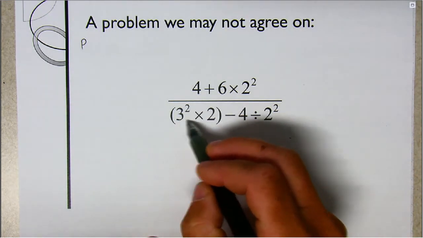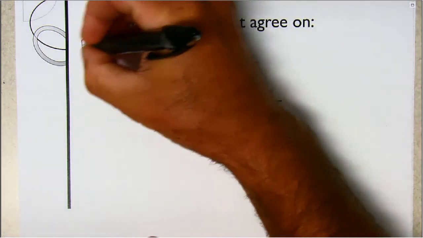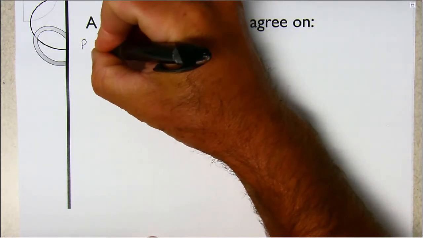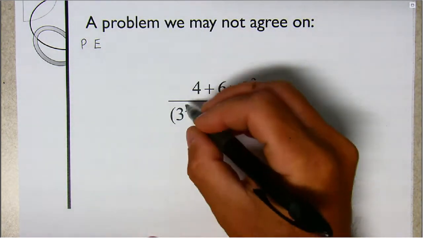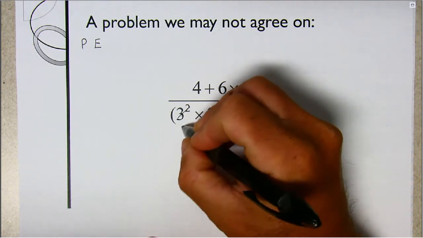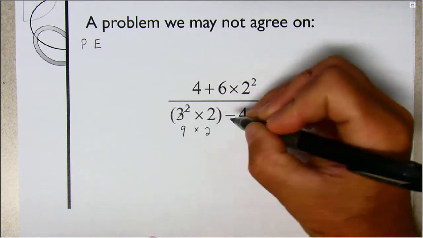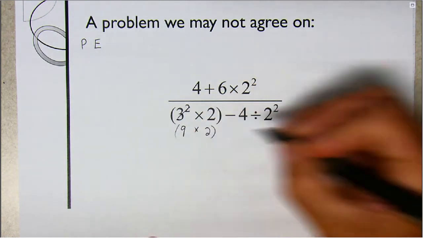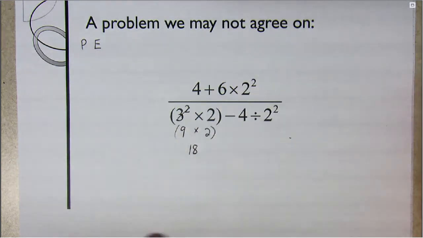Now even within these parentheses we have an exponent and we have multiplication. So the next thing we will take care of is that exponent. So 3 squared, that's 3 times itself. That's the same as saying 9. And then we can do that multiplication. So it becomes 9 times 2, which means the value of this parentheses is actually 18.